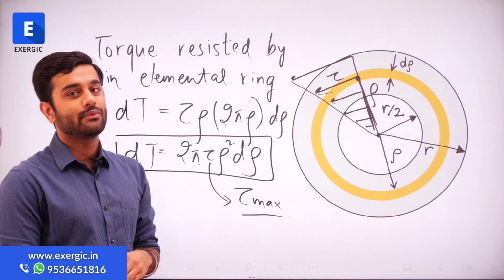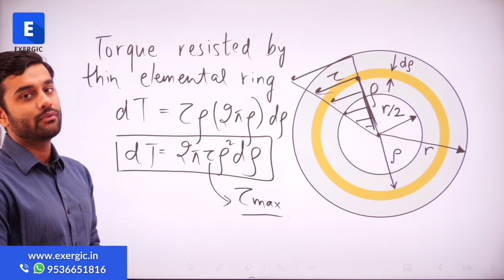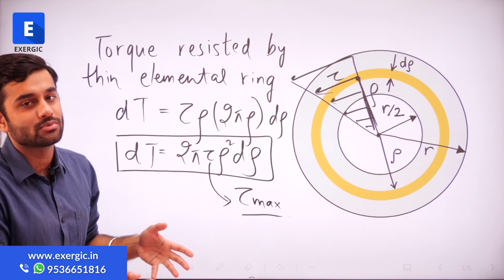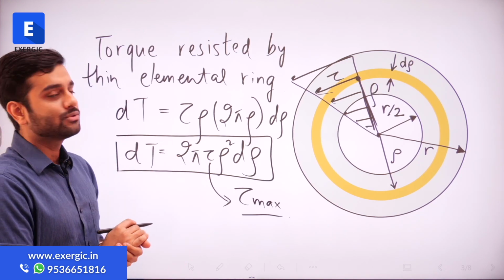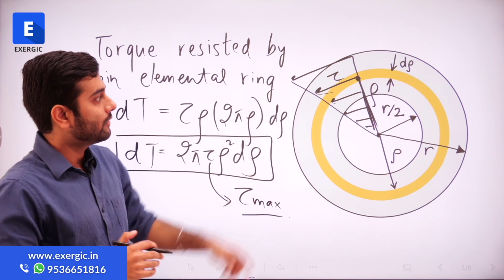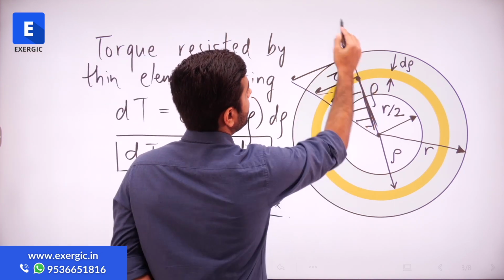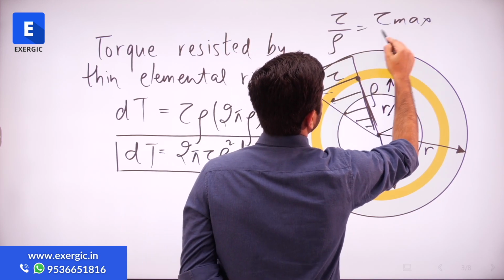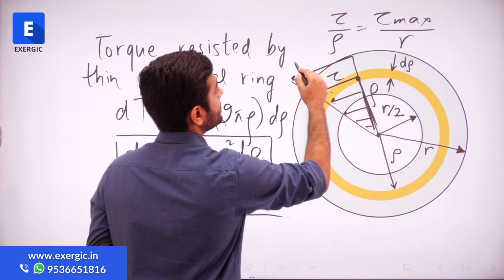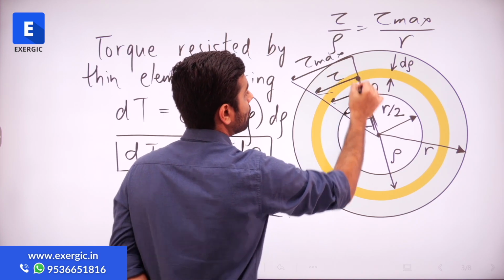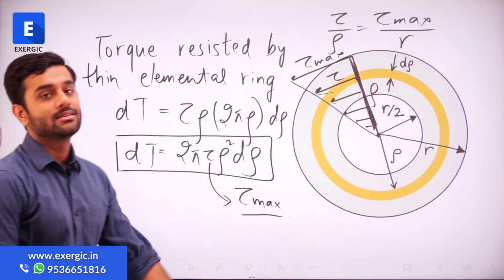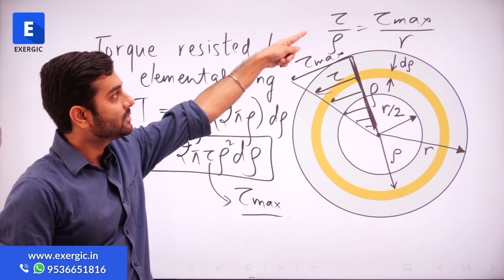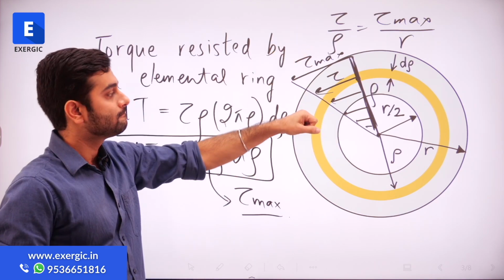So if I want to replace tau in terms of tau max, I can use the basics of this variation. Tau by rho is equal to tau max divided by r. Since the slope is the same, the variation is linear.